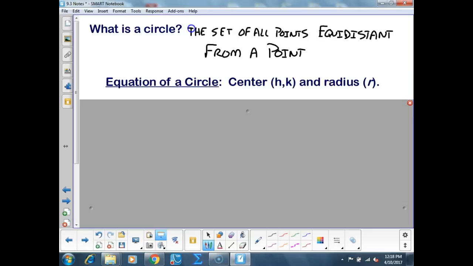Okay? The equation of a circle has a center, and it has a radius. The center is that point that we are equidistant from, and the radius is that equidistant length.